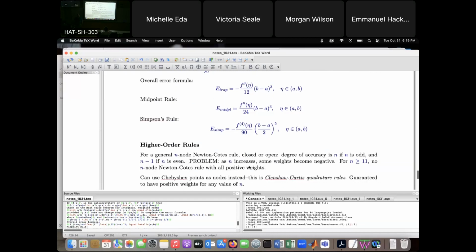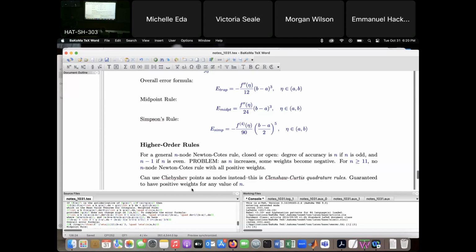That's Runge's example. So, based on what was discussed back then, what was the workaround? Chebyshev points. And that is the thing with integration. It's called Clenshaw-Curtis quadrature rules. I won't really get into it here, but the idea behind it is that Chebyshev points are used as nodes instead of equally spaced. And they've been found to be quite effective.